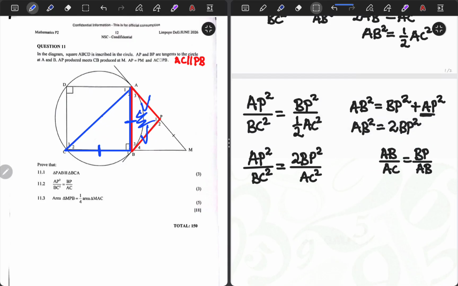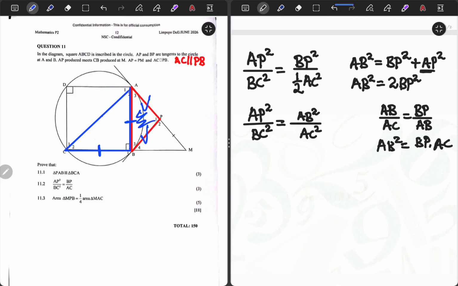This is the same as AB squared, as we can see here. But if I cross multiply AB squared, I'm going to get BP multiplied by AC.